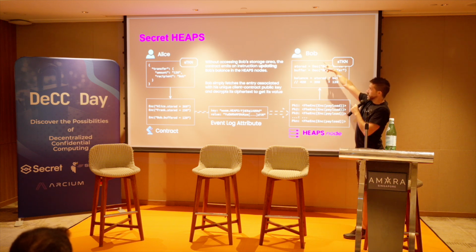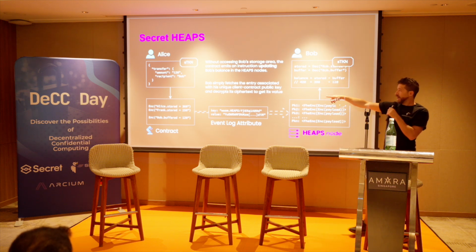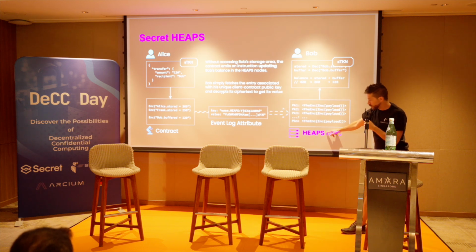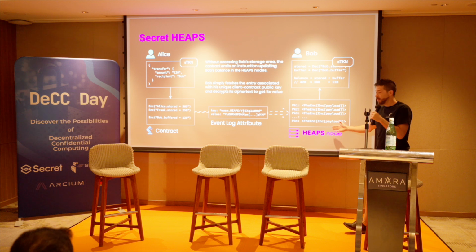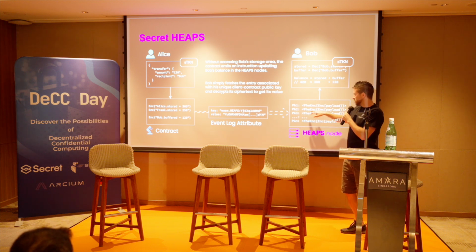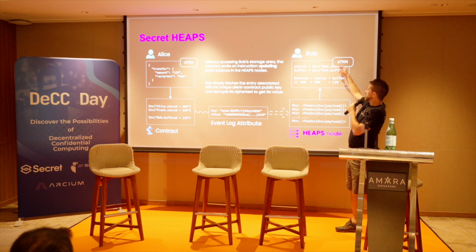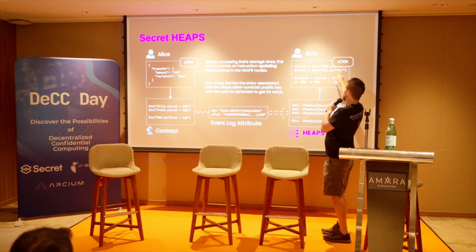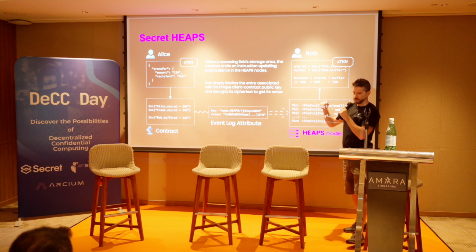Finally, the result is that Bob can now get his balance without having to talk to the contract at all. He asks the heaps node, which again is running on very simple hardware, what's the value, give me the whole database, or what's the value for this row? It gets that information. Bob is the only user who can decrypt the information about his balance, and now he's able to get that information.